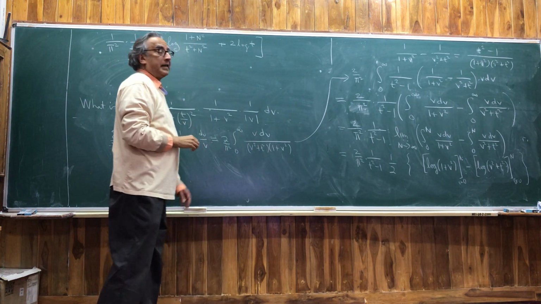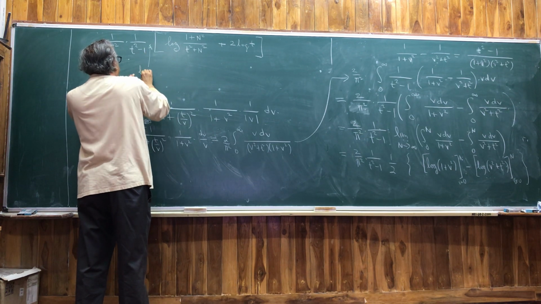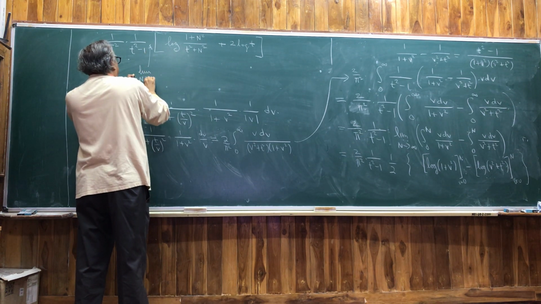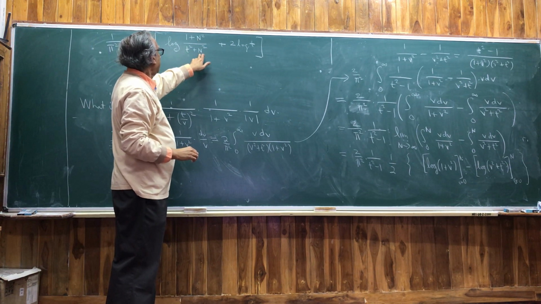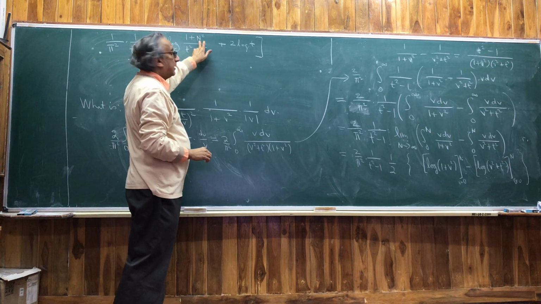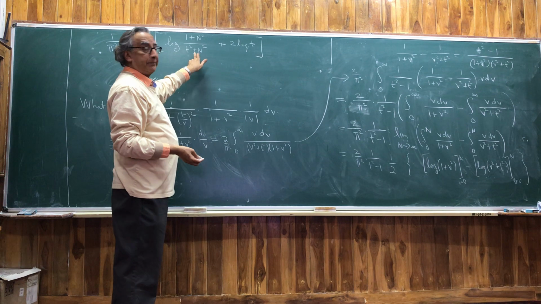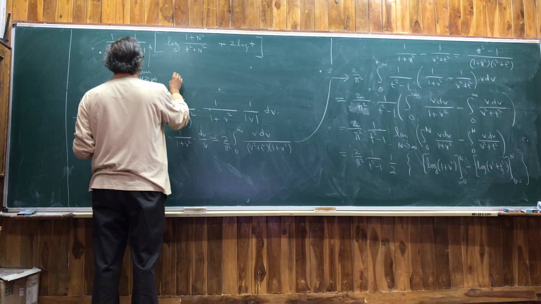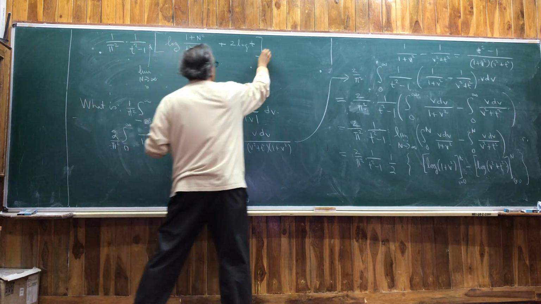So I have to take the limit as n goes to infinity. What happens here? Well, n squared over n squared is 1. So this goes to 0. Nothing happens there.